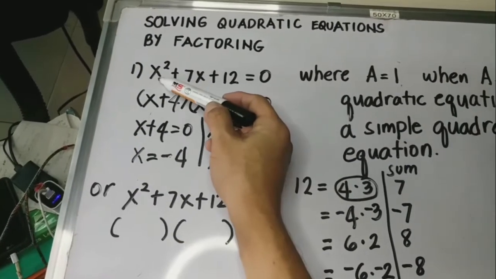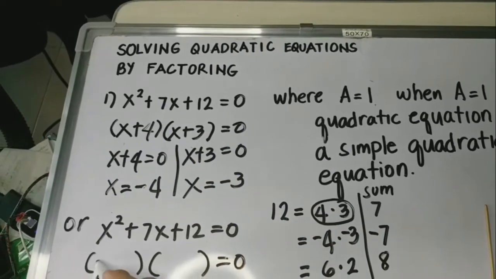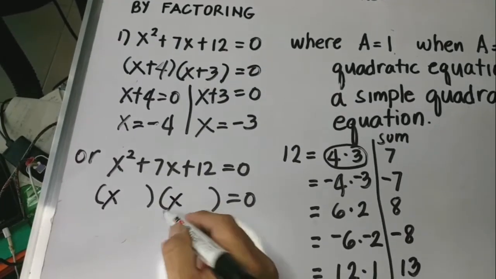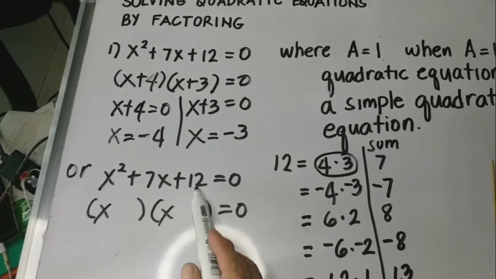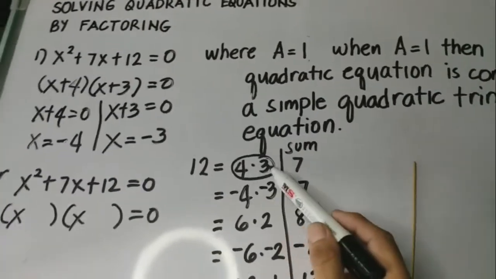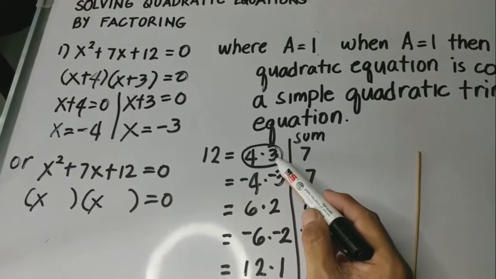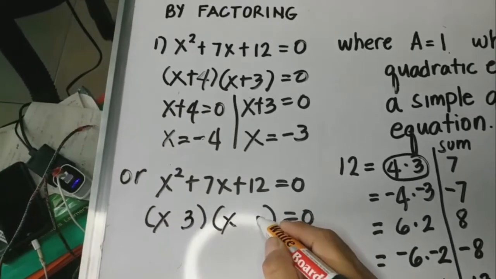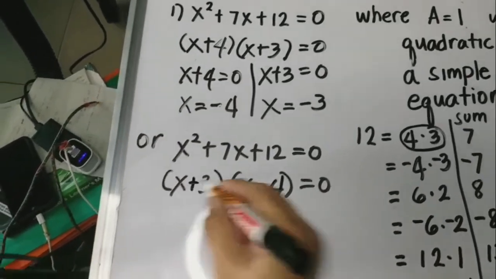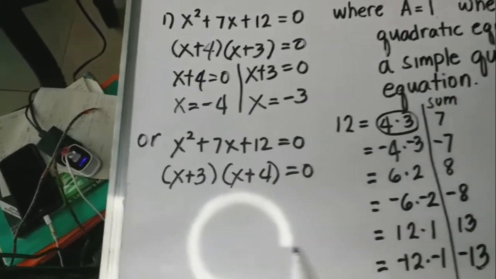The factors of the first term, x squared, are x and x. The factors of 12 are 4 and 3. If we write 3 ahead of 4, positive 3, positive 4, will we arrive with the same answer?